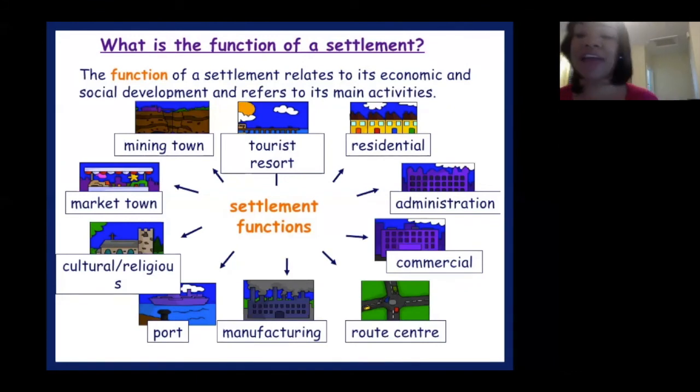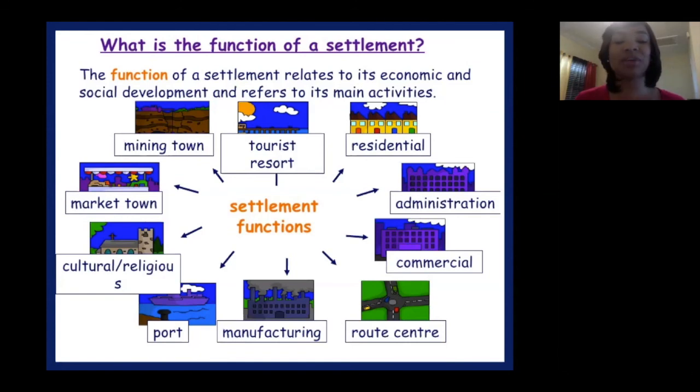Your settlement can also provide the function of being a manufacturing area. You can also have ports, and it can serve as a cultural or religious area. Mining town can also be one, and definitely market town. So just keep in mind some of these different functions that a settlement can provide.